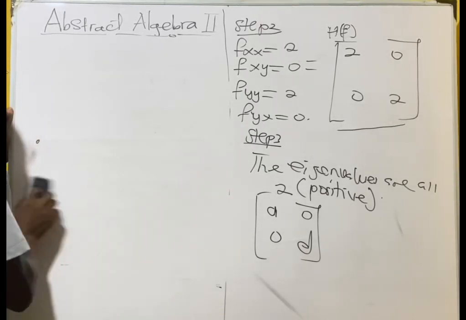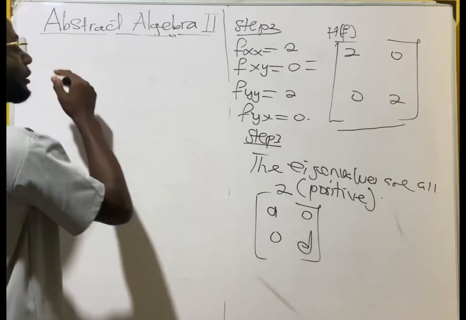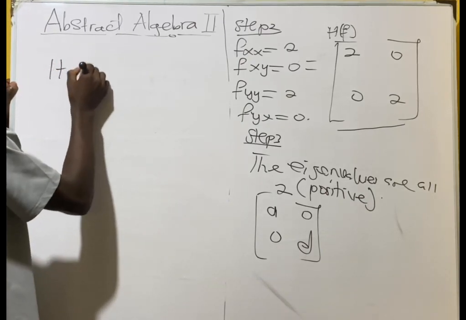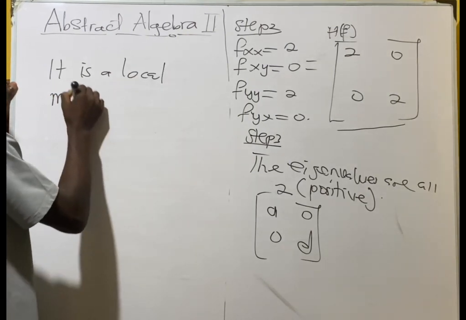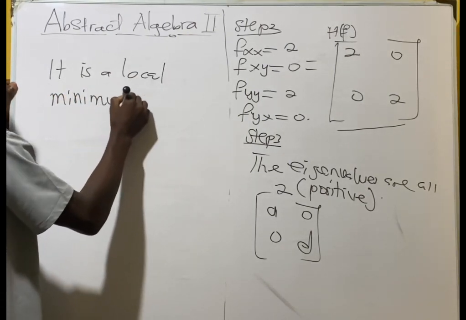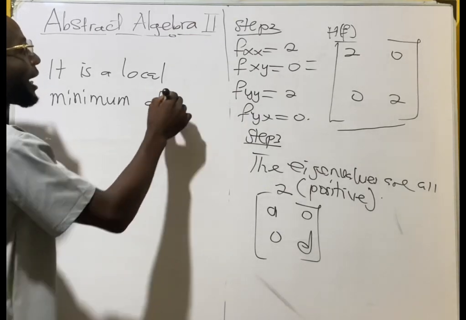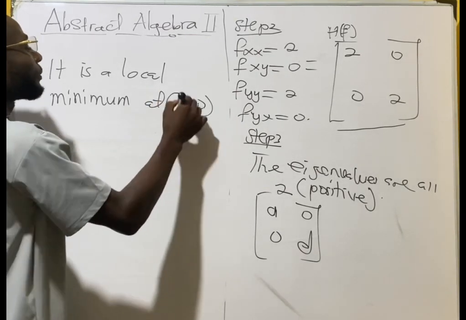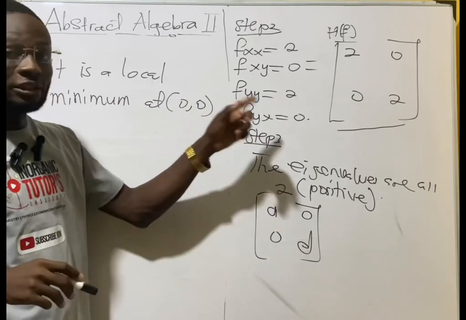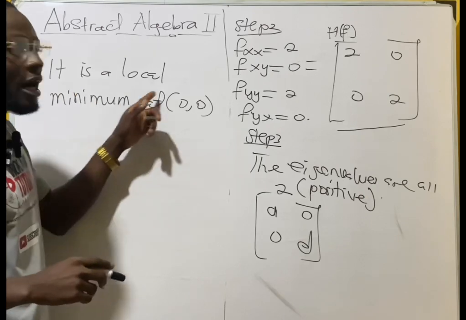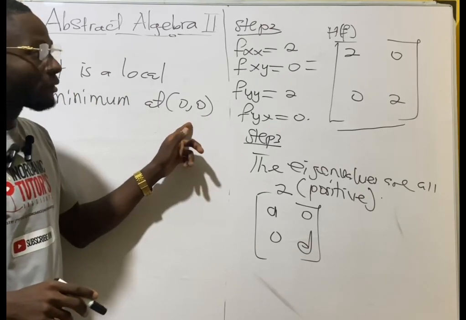We know this. So we know that it is a local minimum, right? At where? At what critical points? At what? 0, 0. Don't forget, the critical point was 0, 0. So it is a local minimum at what? 0, 0. That will be the conclusion, right?